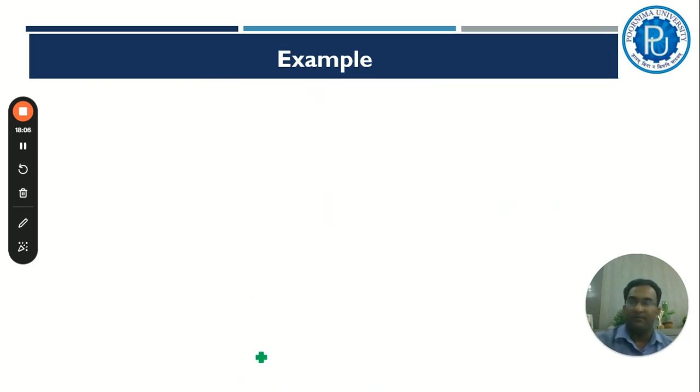Step number 4. Step 4: check the most significant bit of the accumulator.